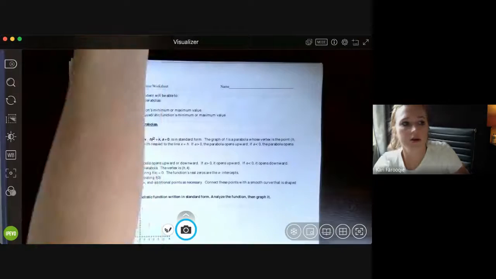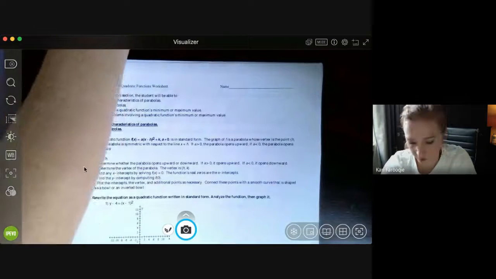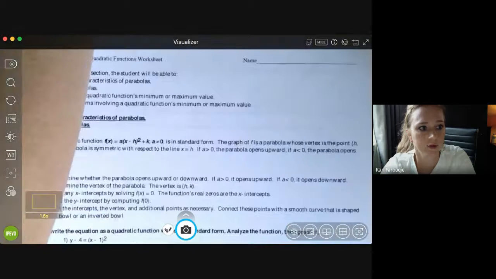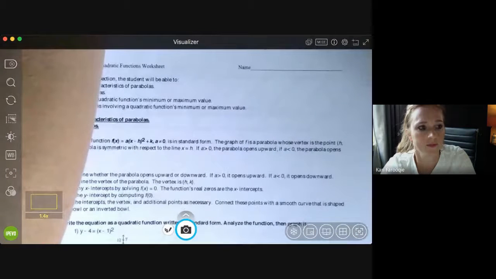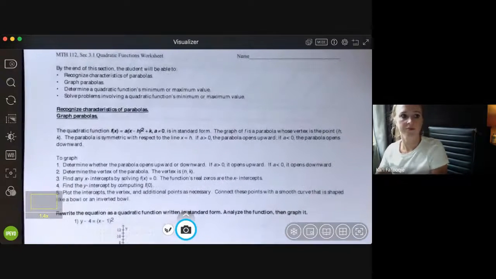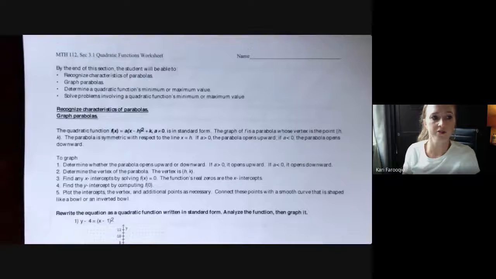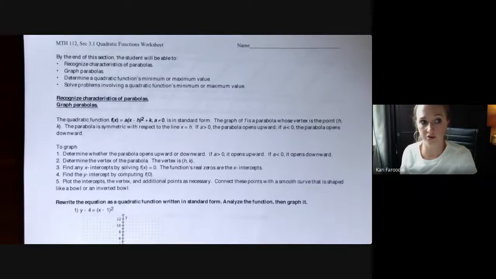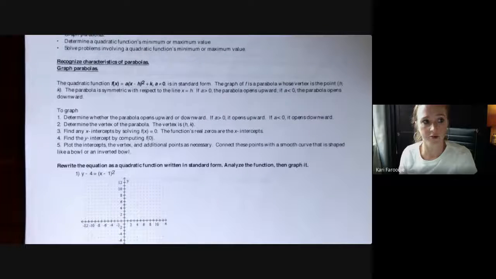All right, 3.1 is about quadratic functions. I'll make this a little bit bigger. All right, so the characteristics of parabolas, and we're going to use the characteristics to graph, are listed below.